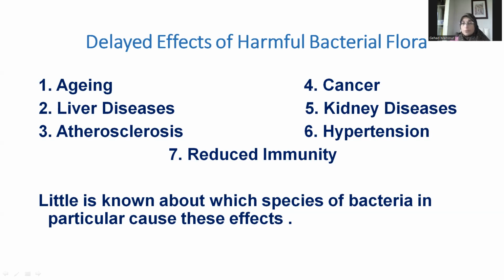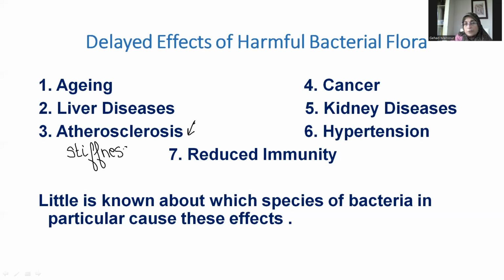Of course, the liver will be affected and you would have liver diseases. You might have cancer because of these carcinogenic products. Your kidney function might be affected. Furthermore, you might suffer from atherosclerosis. And by atherosclerosis, we mean stiffness of the walls of the arteries.